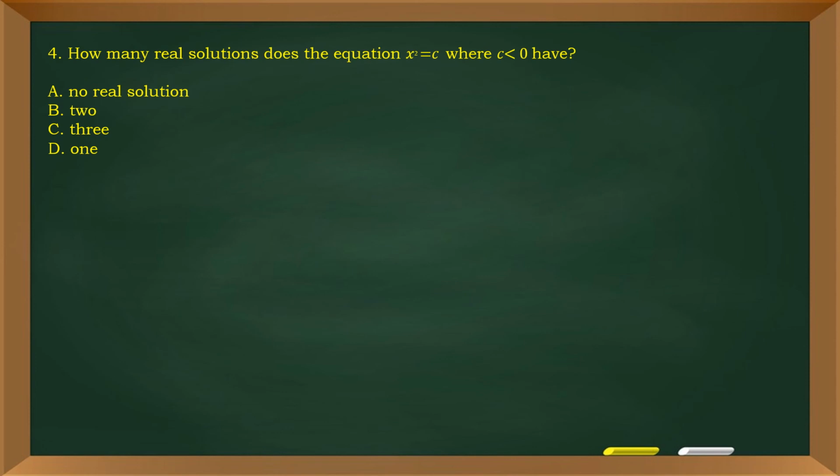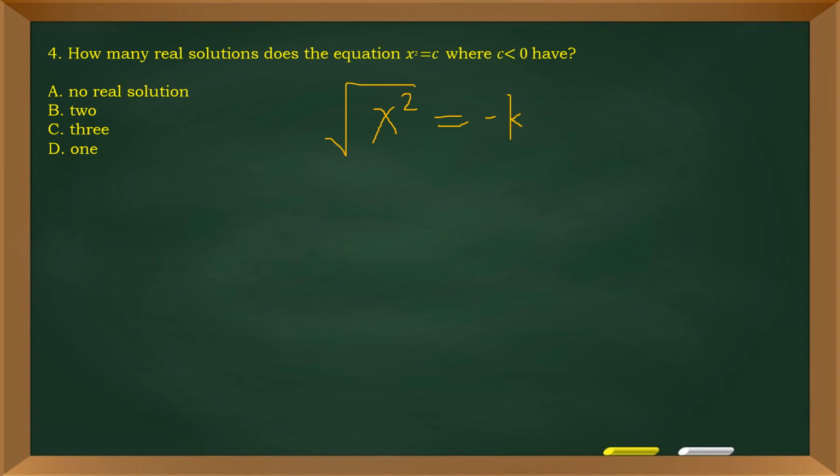Next question. How many real solutions does the equation x squared equals c, where c is less than 0, have? When c is less than 0, our constant term is a negative number, so we represent it by negative k.